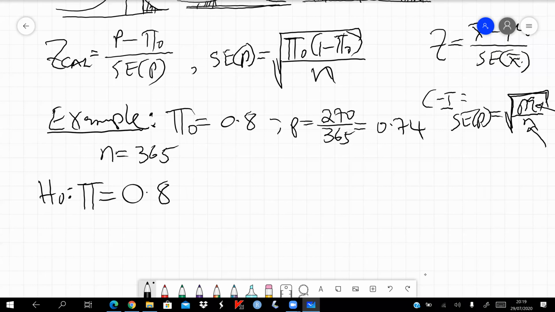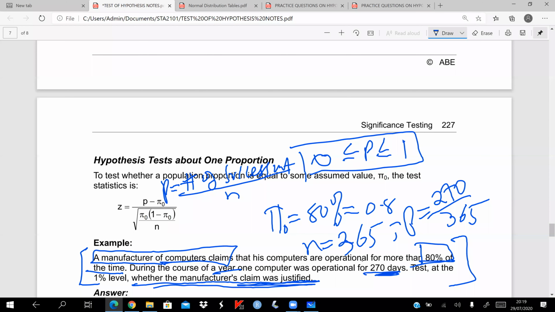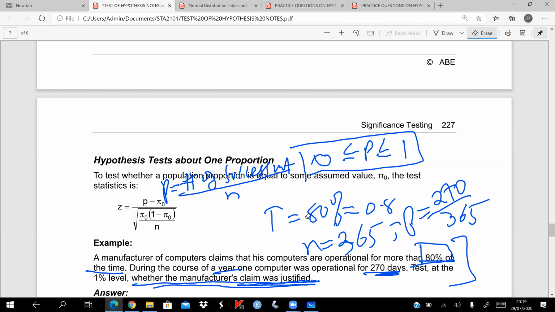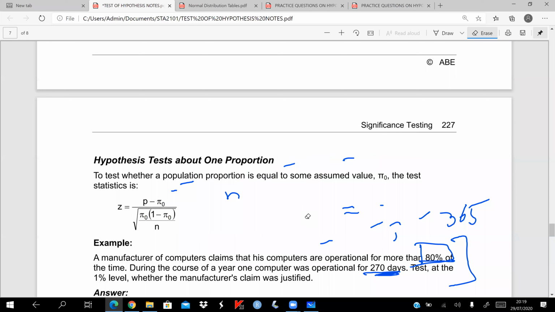Then H1, we get that from the wording of the problem. What is the question suggesting, or what are we trying to test here? Let me take you back to the question. This guy here claims that his computers are operational for more than 80% of the time. That is the claim that we are testing.